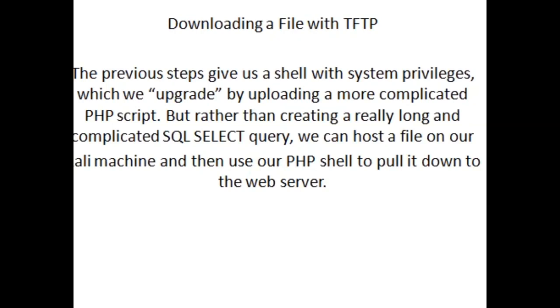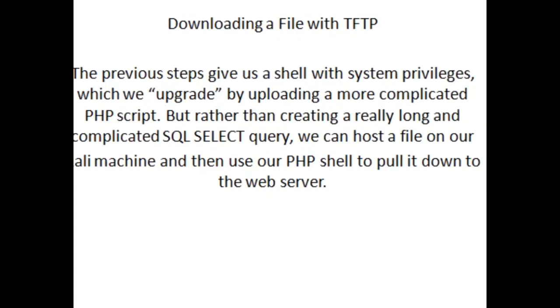Downloading a file with TFTP. The previous steps give us a shell with system privileges, which we upgrade by uploading a more complicated PHP script. But rather than creating a really long and complicated SQL select query, we can host a file on our Kali machine and then use our PHP shell to put it down to the web server.